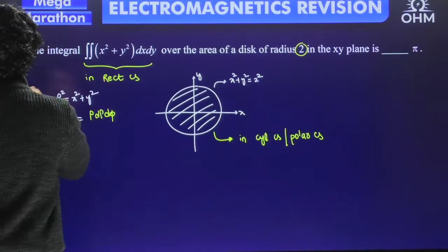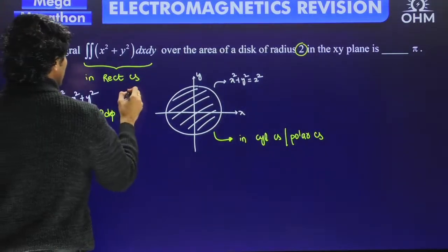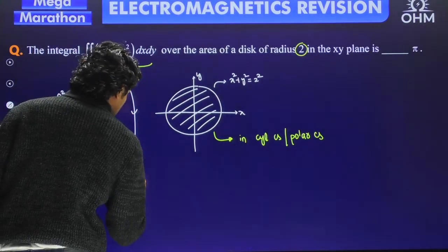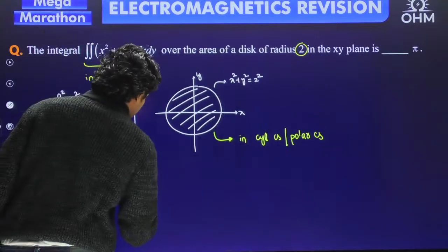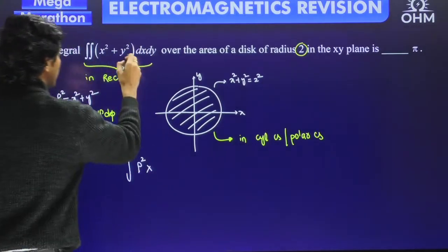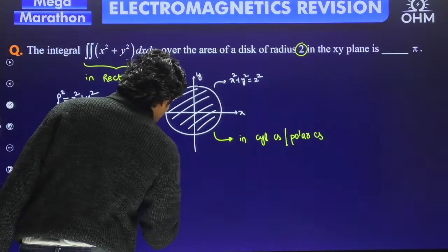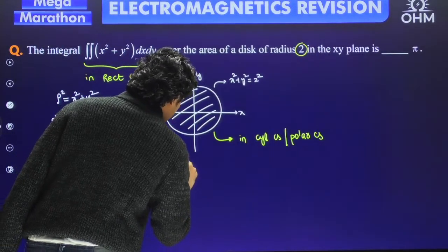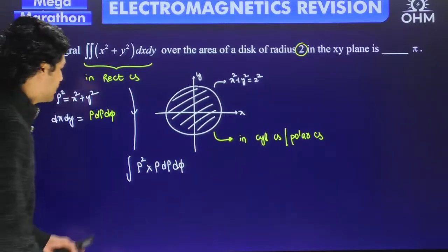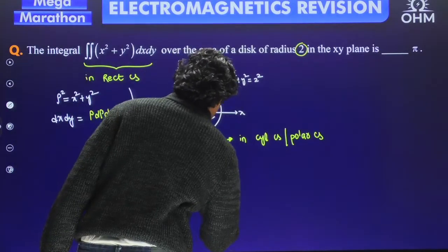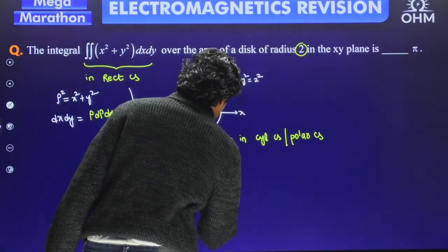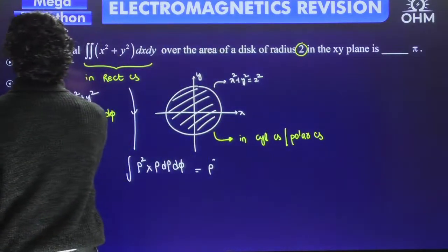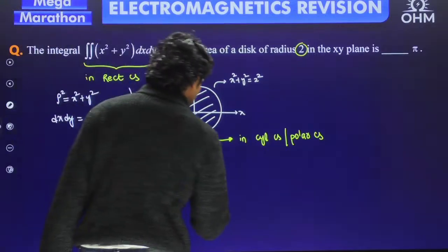So because of that, now I'm converting everything in terms of one single coordinate system. I'm writing this as integration of x square plus y square, that is nothing but rho square into dx dy, rho d rho d phi. So ultimately this became equal to now integration of rho square into rho is nothing but rho cube. Integration of rho cube is rho power 4 by 4.